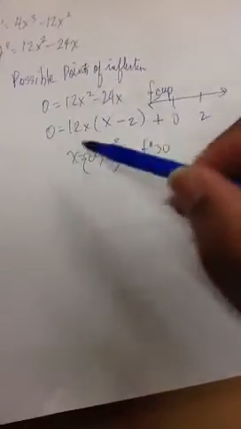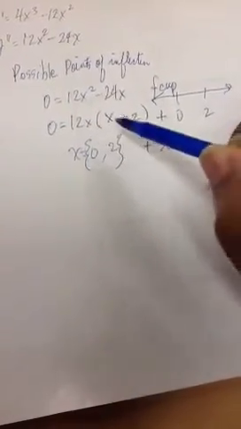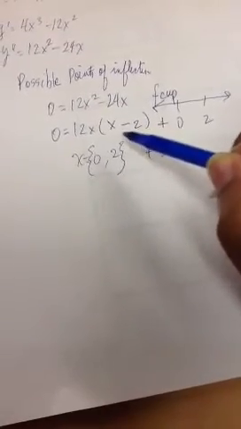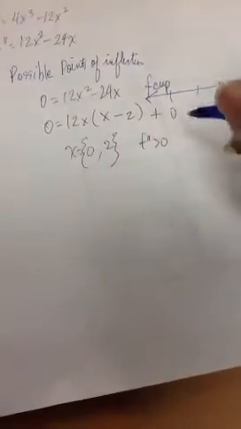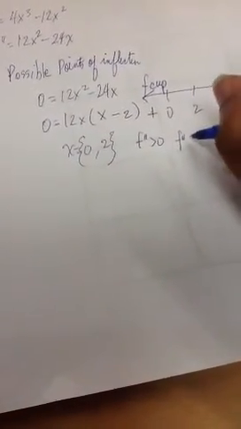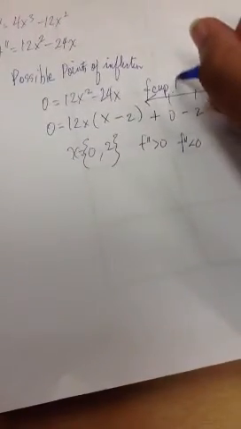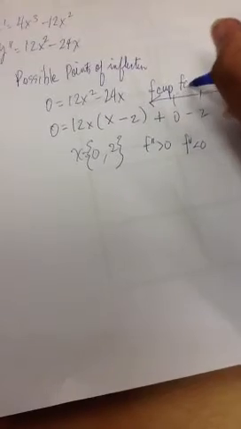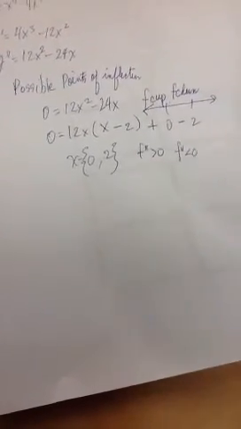If I plug in 1, that's a positive 12 multiplied by a -1. Positive times a negative is a negative, so my f double prime here is less than 0, which says that it's negative. So my function is concave down, or C down. Make sense?